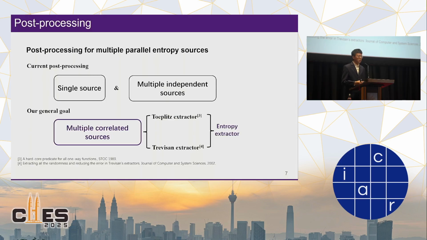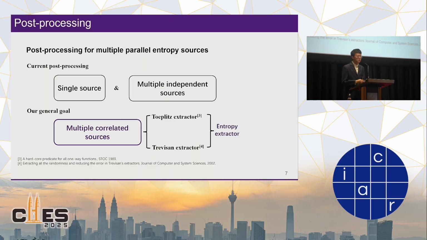If these entropy sources are truly independent, the post-processing is very simple and existing methods can do it. But in reality, on a single chip, the many entropy sources will be correlated due to the shared word line or temperature variation.